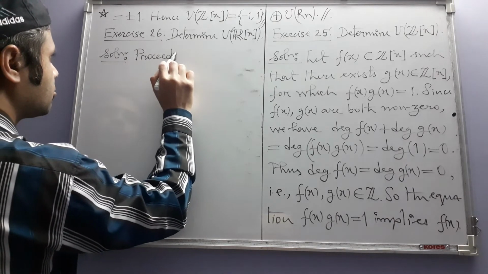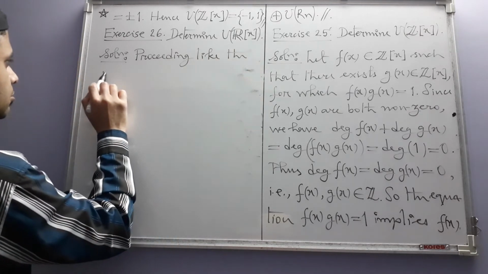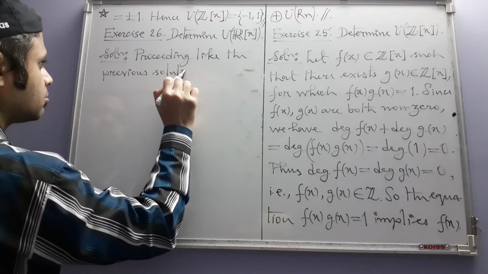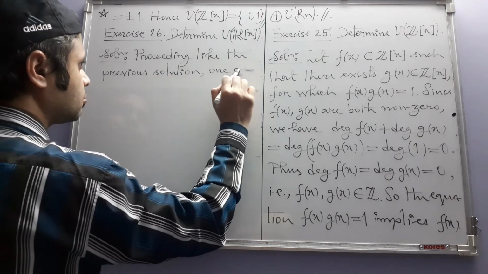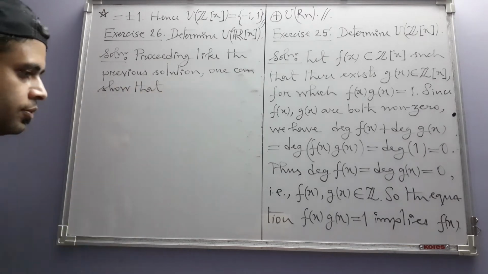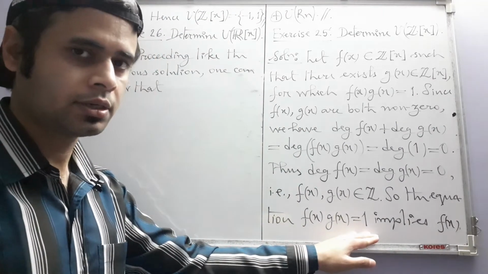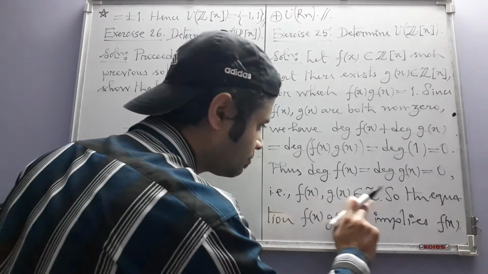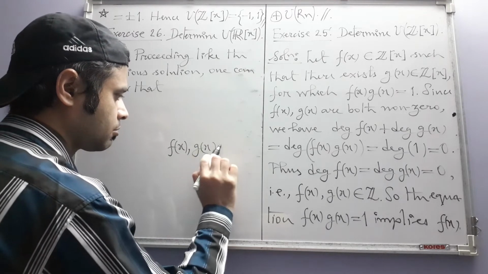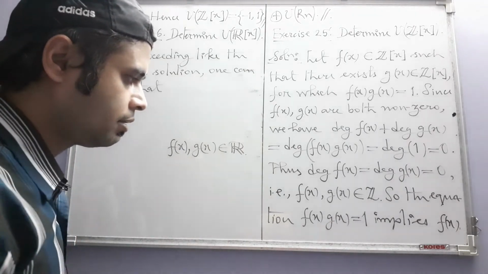Proceeding like the previous solution, one can show that, you see here also if you go like this you will end up with an equation like this, and in place of this you will have this, that these are again constant polynomials, but now they are real numbers.